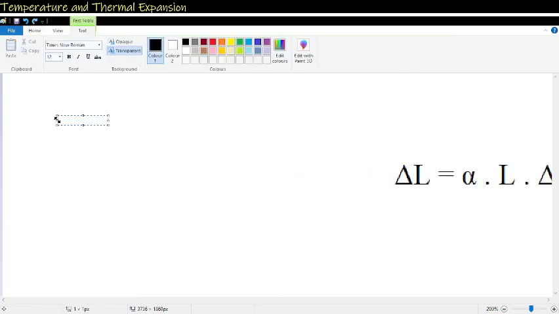If you expand an object, there are several things that will affect how far the object will change. Of course, it will depend on how much you heat the object, the change of temperature, how much you change the temperature of that object. Makes sense, right?